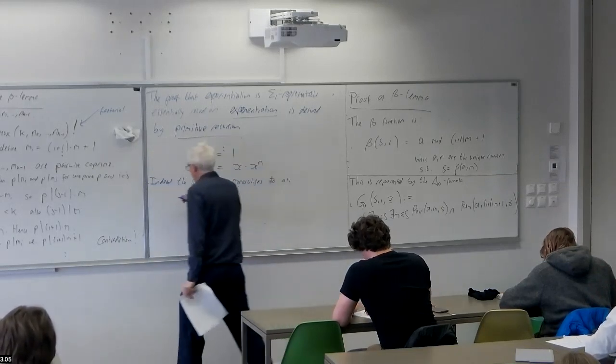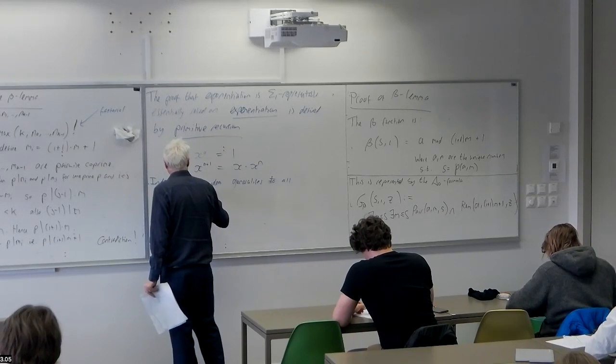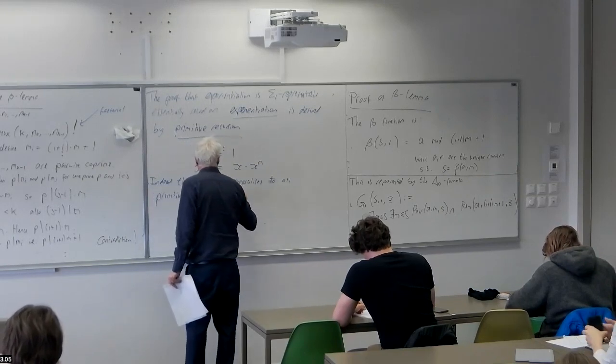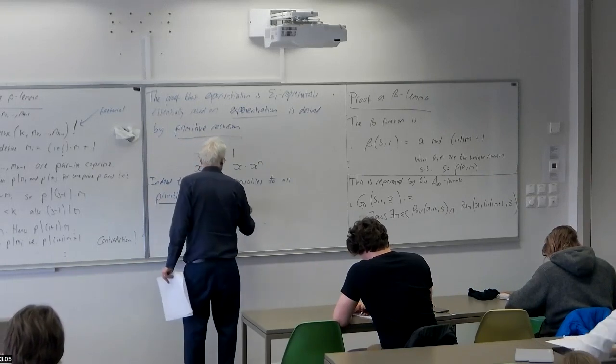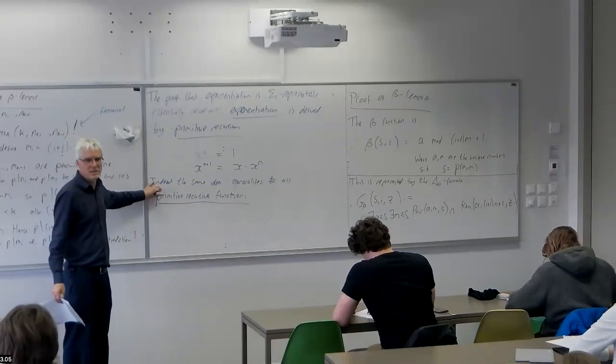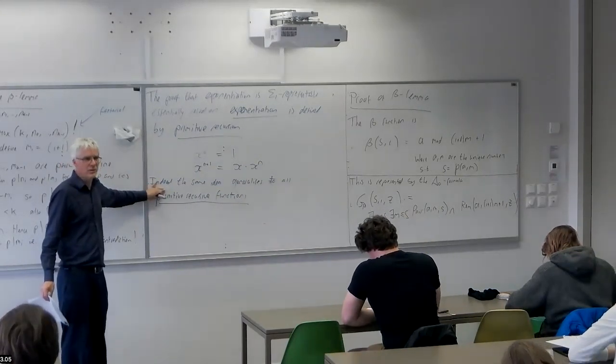They're all what are called primitive recursive functions. And these are something that people who did computability theory last semester will know very well. It was a major part of the computability course.